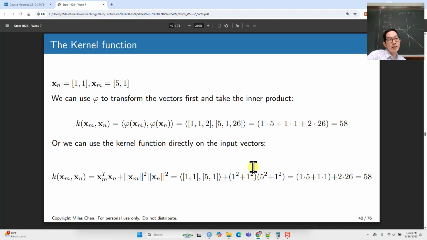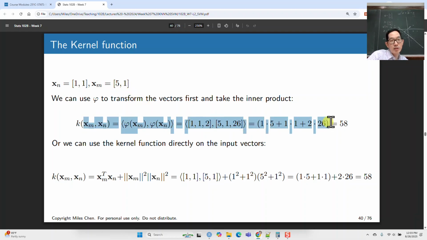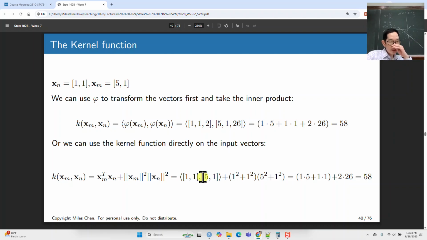So if we do that with 1, 1 and 5, 1, when we did the transformations, we got 58. But if I just do xm transpose xn, I get 1, 1 times 5, 1, which is 1 times 5 plus 1 times 1, so 6.